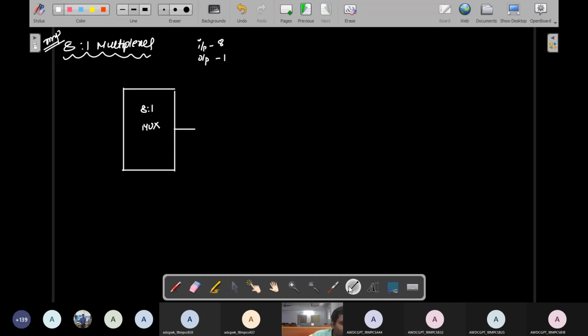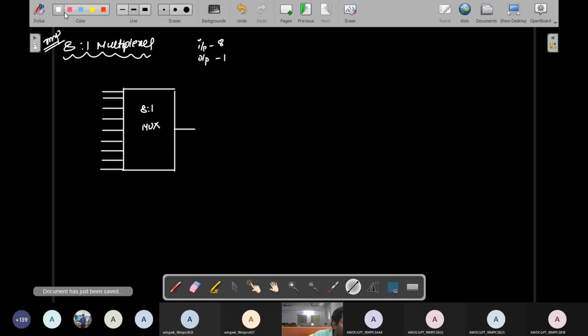So this is the first terminal, 1, 2, 3, 4, 5, 6, 7. Okay, so this is 0, 1, 2, 3, 4, 5, 6, 7. So these are the inputs.